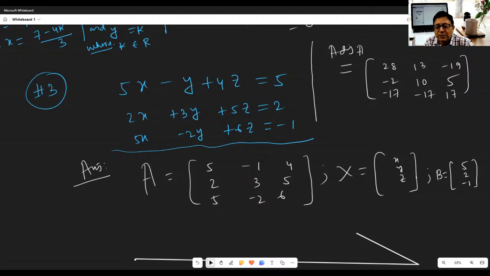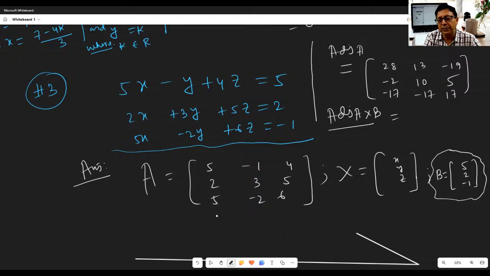Now find adjoint A into B and check B is there. B matrix is there. So find adjoint A into B. Adjoint A into B is going to be 28, 13, 10, 5. Clear?